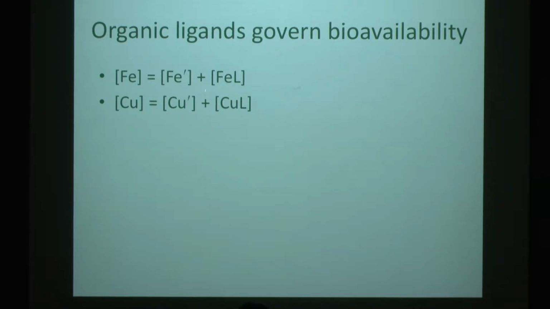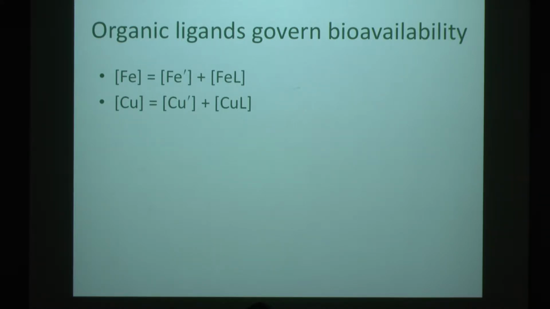So we describe the inorganic species as iron prime or copper prime, and the organic species as iron L or copper L, where L represents these organic ligands. Organic ligands are simply organic molecules that bind to that metal. In seawater, the dissolved concentration of iron, dissolved meaning what goes through a 0.2 micron filter, so what's not sinking basically, is a sum of the inorganic and organic forms.